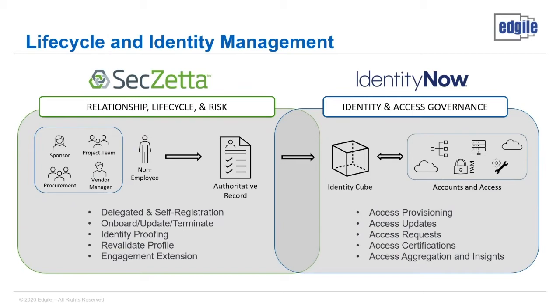Instead of having to deal with 3, 4, 5 different sources of truth for these non-employees, now you have one proper centralized source which feeds into Identity Now in this case, and then it can again trigger the new hire workflows, termination workflows, any other changes in the life cycle.